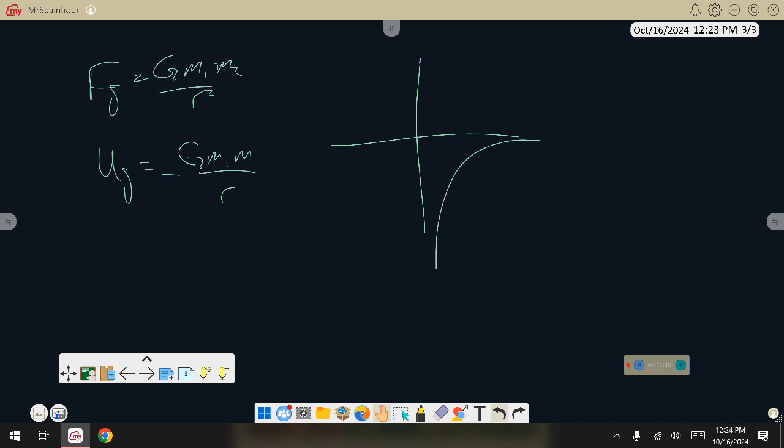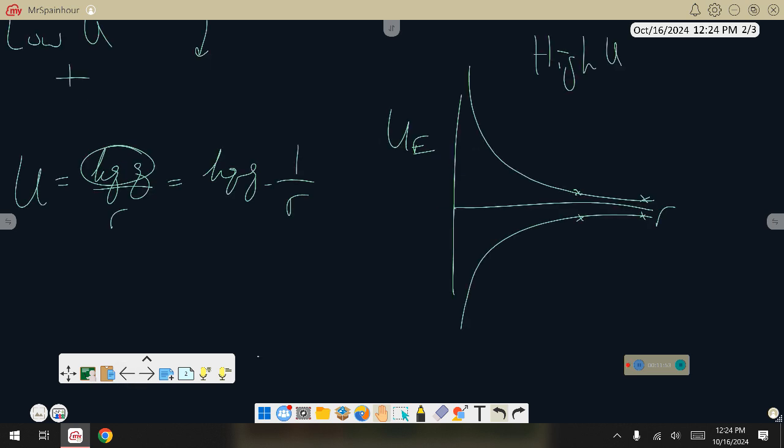And would we expect there to be any change at all? Absolutely not. So while I say, and you can see on this graph, where is the potential energy zero? Well, potential energy is zero at infinity. At r equals infinity. Really, r doesn't have to, for practical purposes, be infinity. It just has to be pretty darn far away such that this is not changing very much at all.